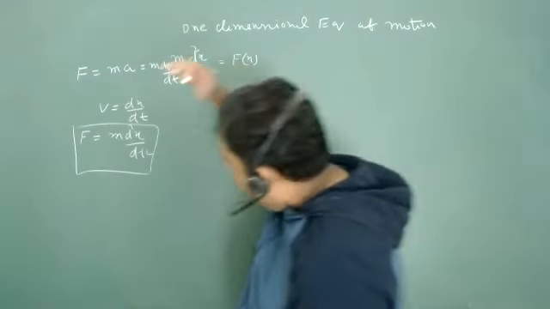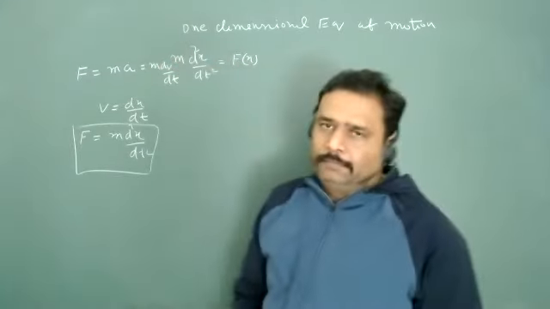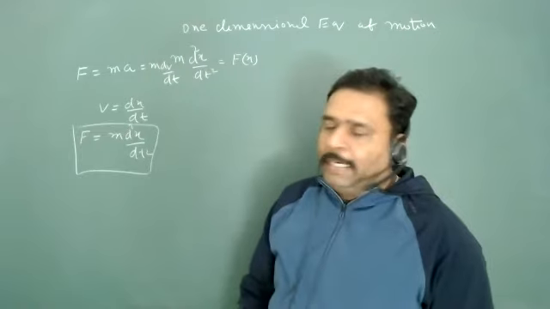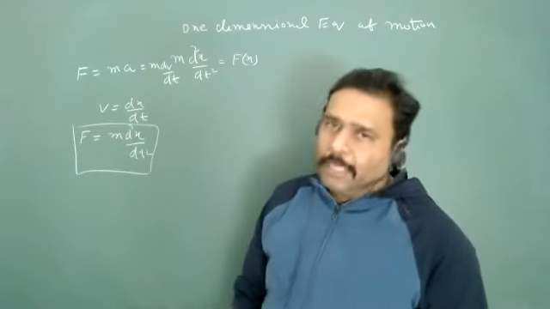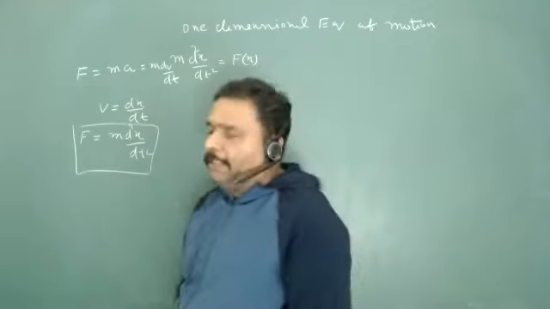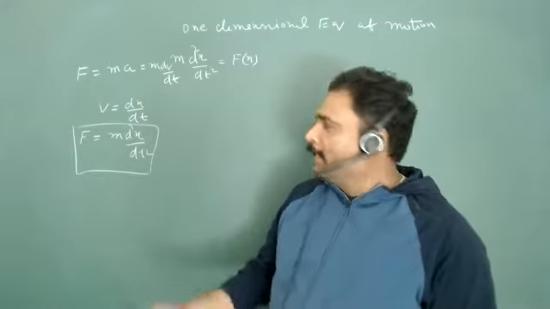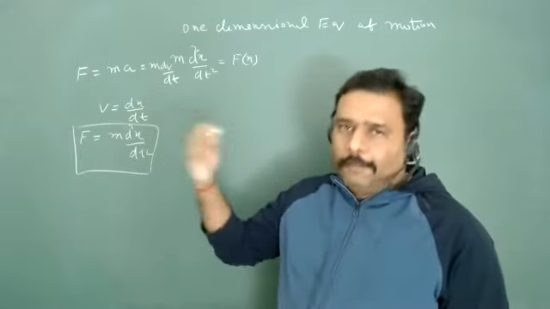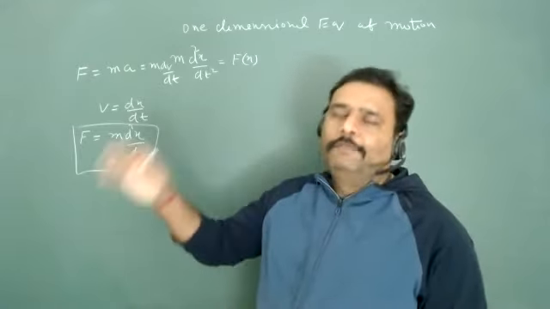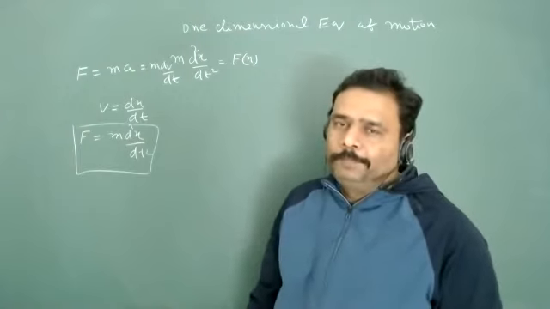Ultimately, we have to land at this particular point. And if we are smart enough to solve this differential equation, then we are going to get a lot of results which will be useful.